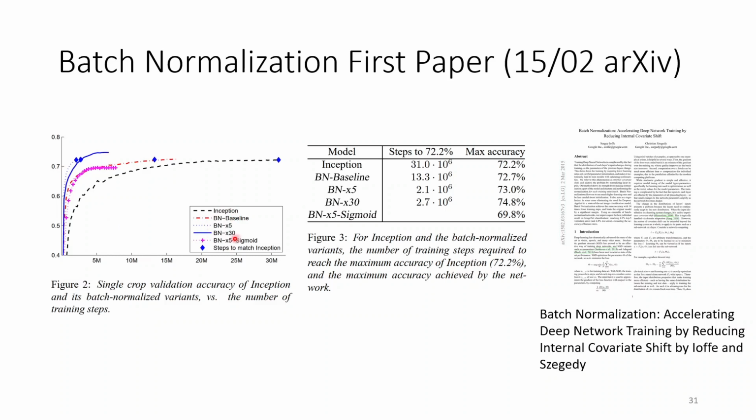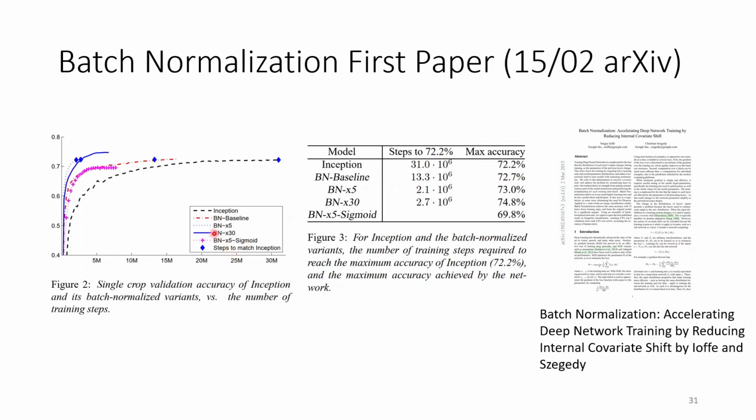The brown dashed line here shows that if they just insert batch normalization, they can reduce the training steps from 31 million to 13 million. So it is a huge improvement, and they achieve similar accuracy.